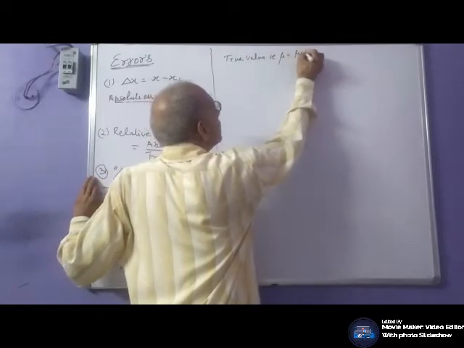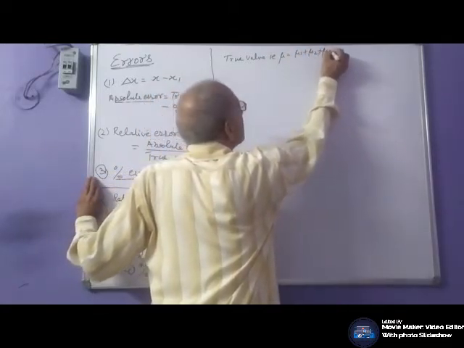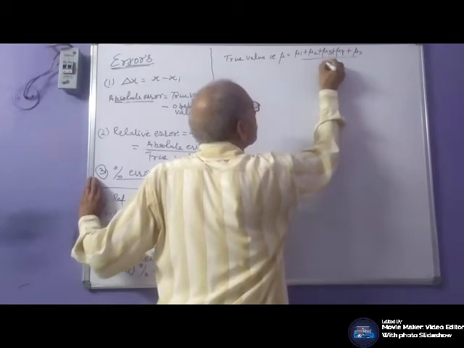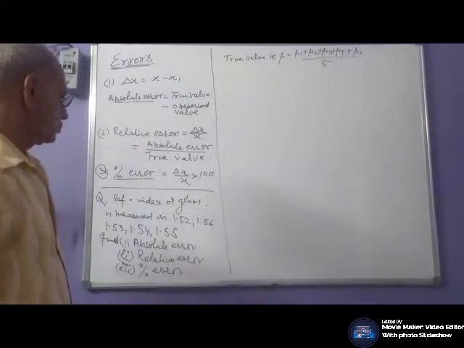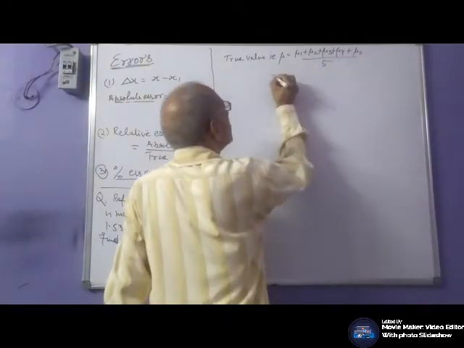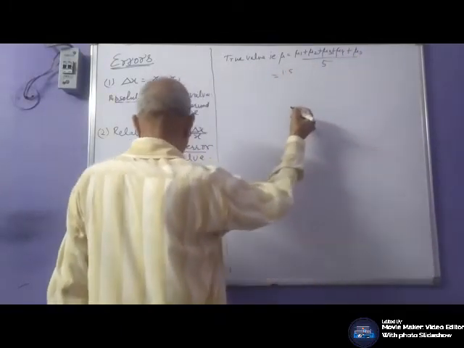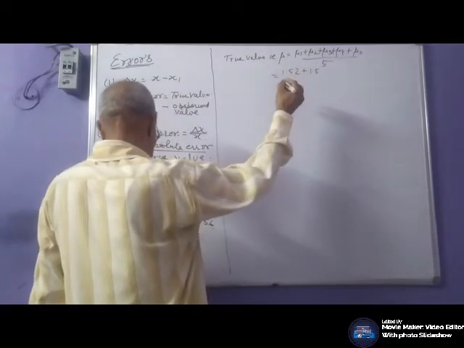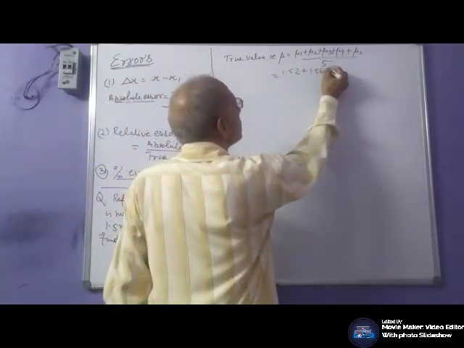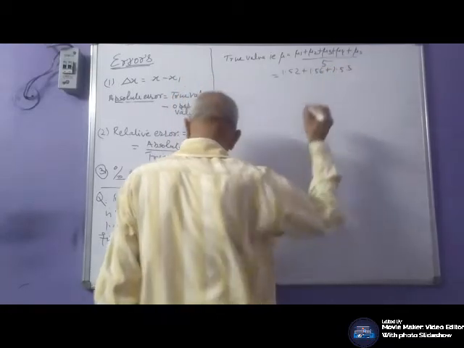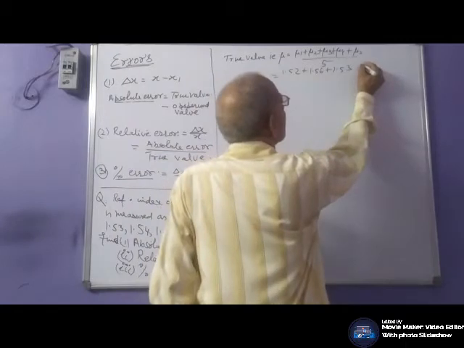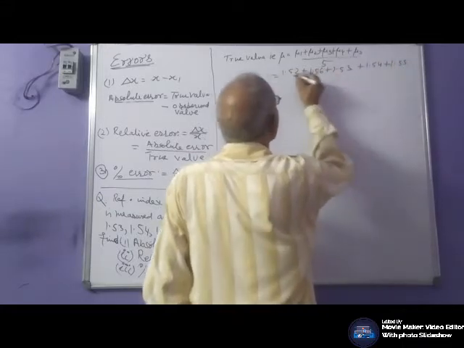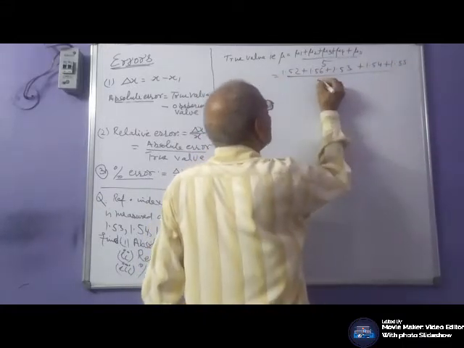It is mu1 plus mu2 plus mu3 plus mu4 plus mu5 by 5. It is 1.5 to, 1.56, 1.53, 1.54, 1.55 by 5.